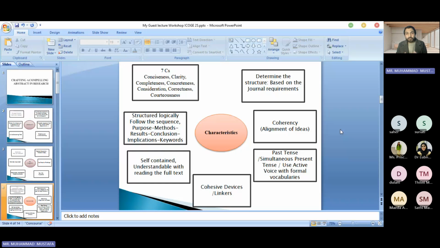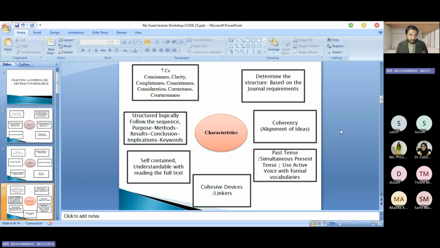There should be alignment, connection and links between your research objectives, research questions, research methods, data collection, data analysis, and conclusion. There should be clear-cut coherency. So coherency is very important in writing a compelling abstract.